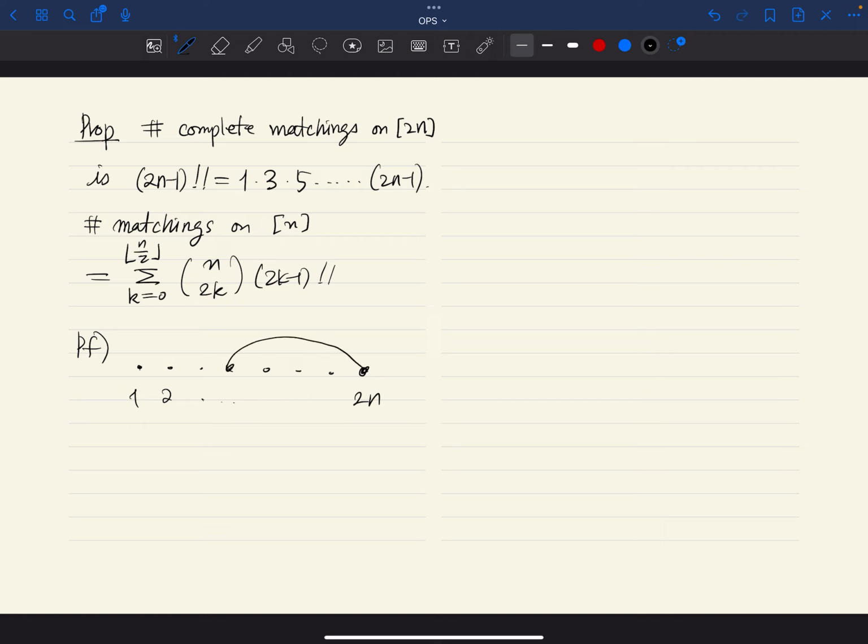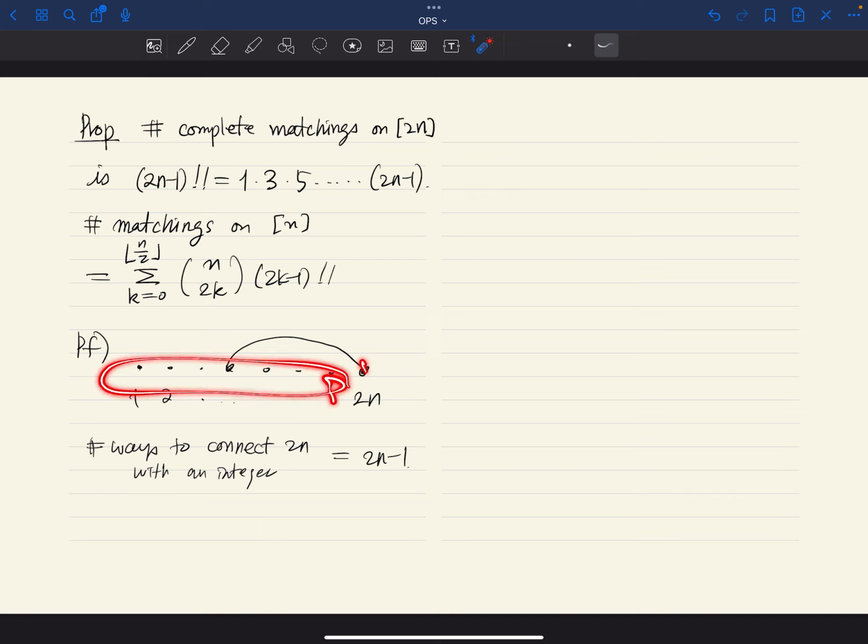How many ways to connect 2n with an integer? Of course 2n minus 1, because it can be connected to any of the previous ones.